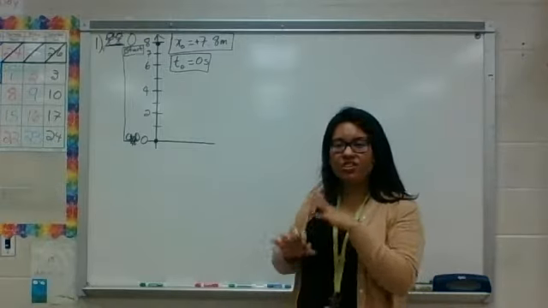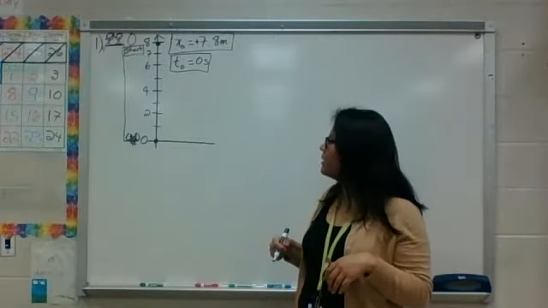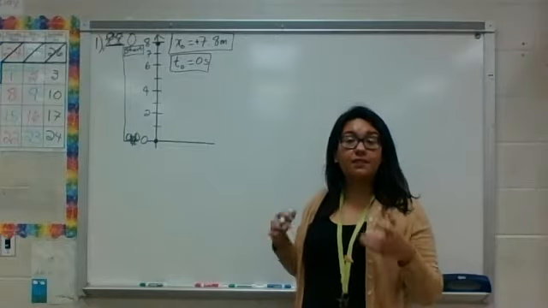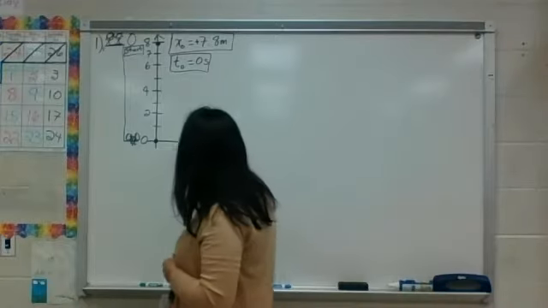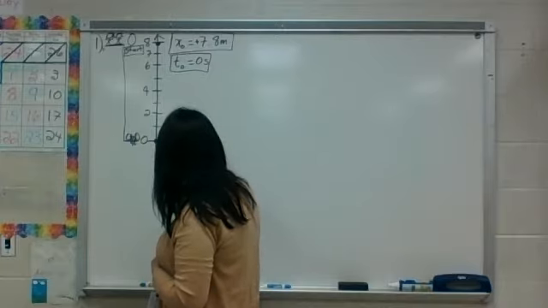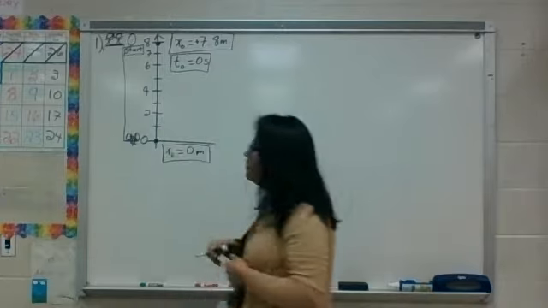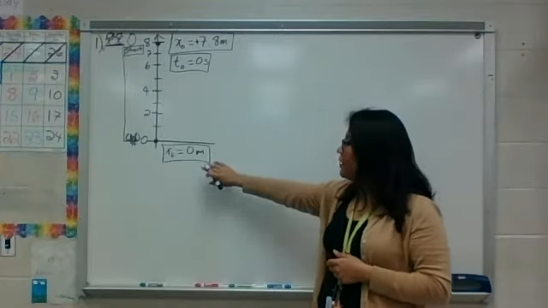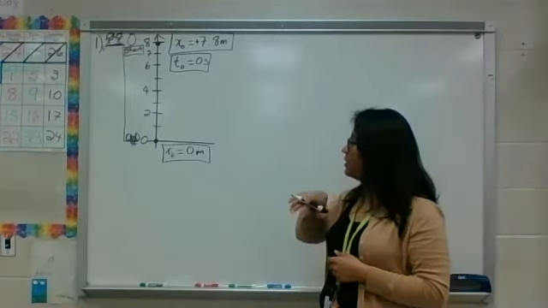There's yolk just gushing everywhere, right? And then I also want to put down my final position. So I want to define that final position. So xf is equal to 0 meters.